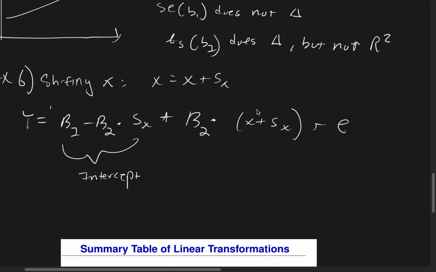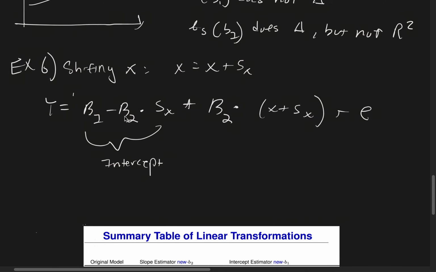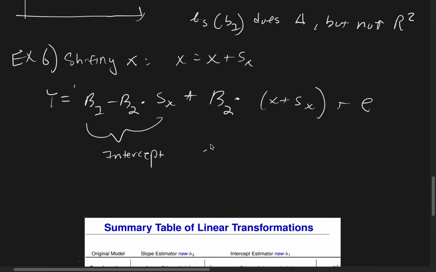So in this case, the test statistic of beta 1, once again, it changes. Since the standard error of beta 1 and beta 1 also changes.